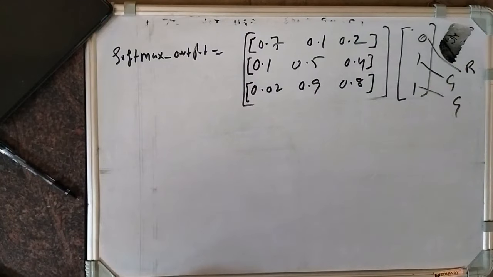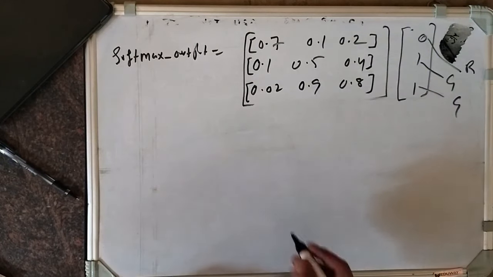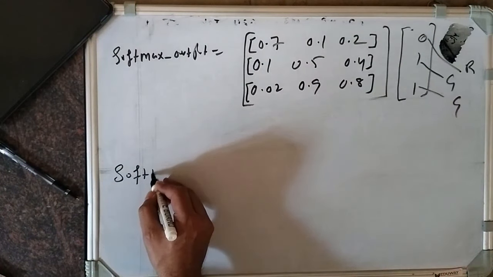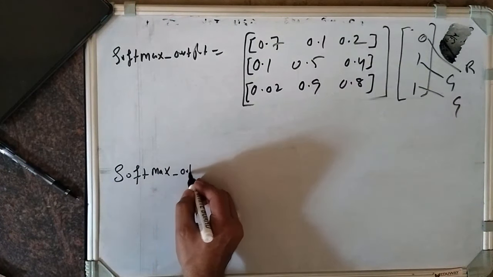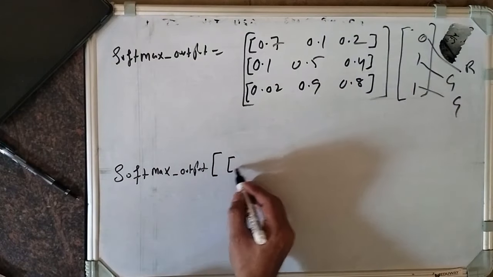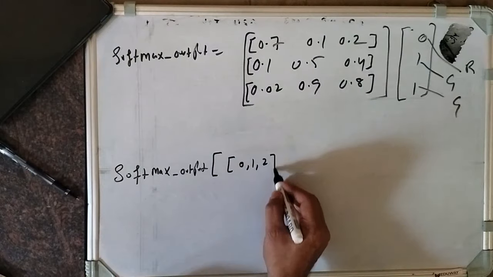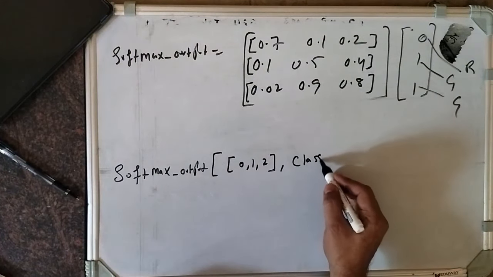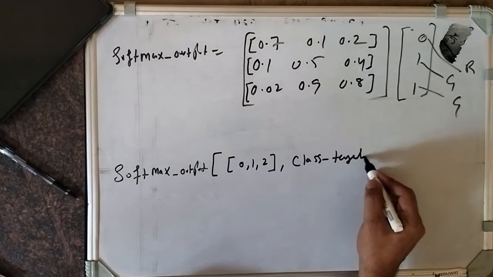Okay. Now what we are doing? I am writing something in my code. I am writing softmax output, 0 1 2, comma class target.